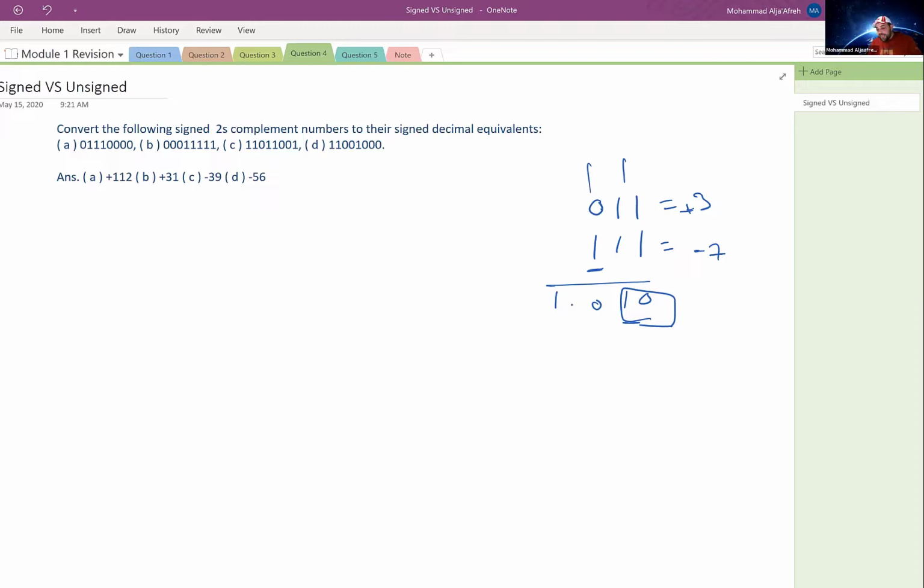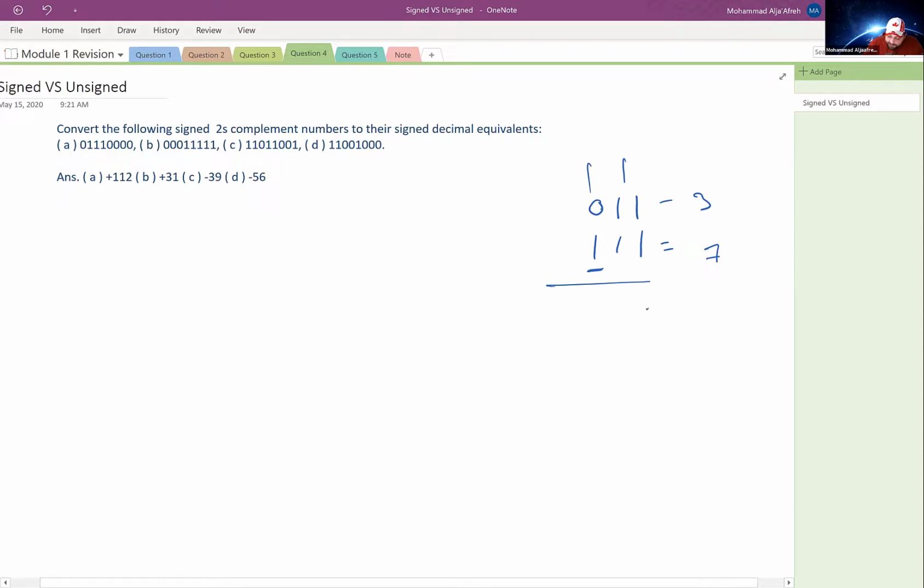So is the number being represented in signed notation or in unsigned? If it's unsigned, look at this. It's 7, and that is 3.